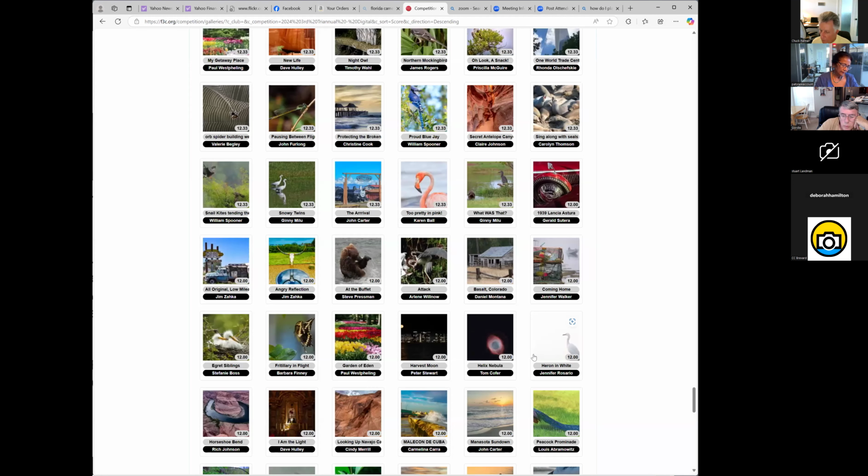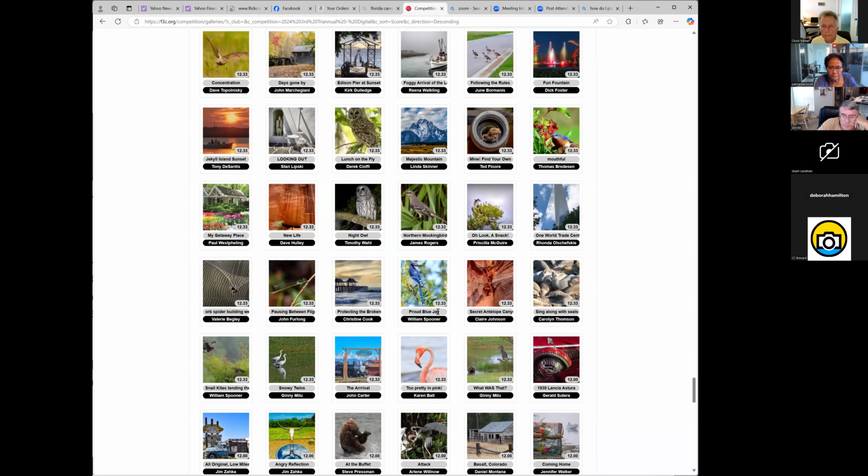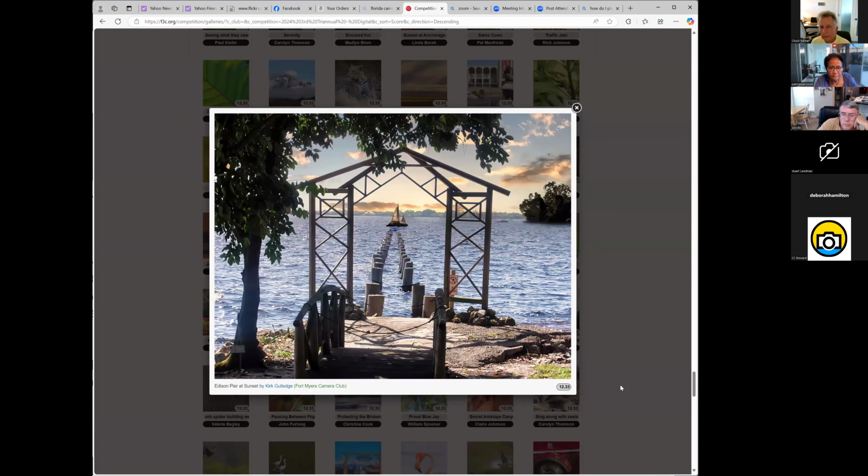So let's look at one more that's scored low. We might learn something from 12.33. Take a look at this image. Gordy, what do you see here? Well, I'm falling off the right side myself. Falling off the right side.